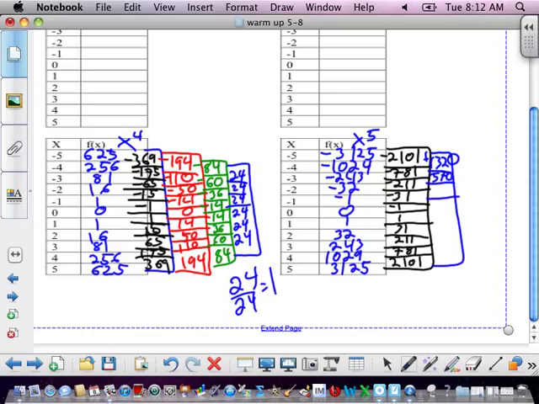Between 211 and 31 is 180. Between 31 and 1 is 30. 1 and negative 1 is 2. 1 and 31 is 30. 31 to 211 is 180. 211 to 781 is 570. And 2,101 is 1,320.